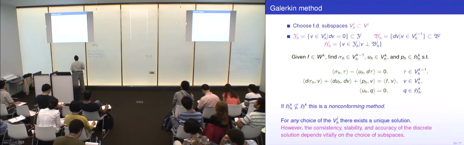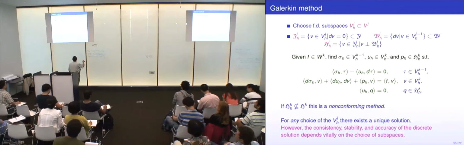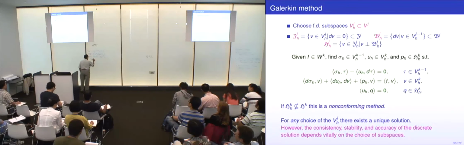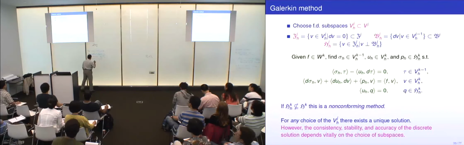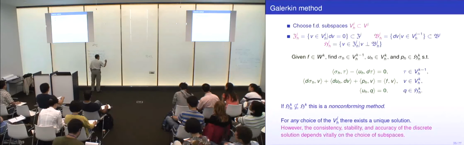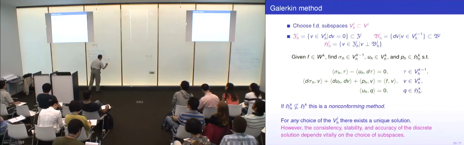And then we look at the first equation again, and we see UH d tau equals 0 for all tau in VH. So this says that UH is orthogonal to the discrete boundaries.